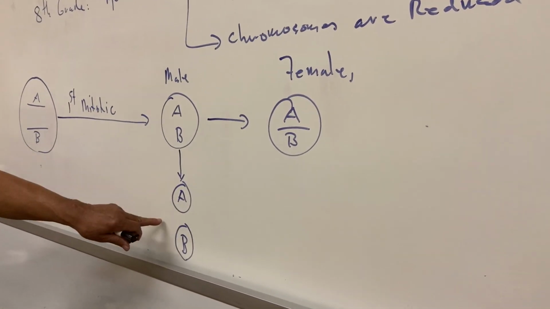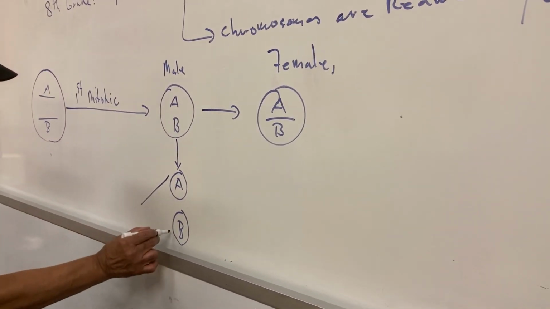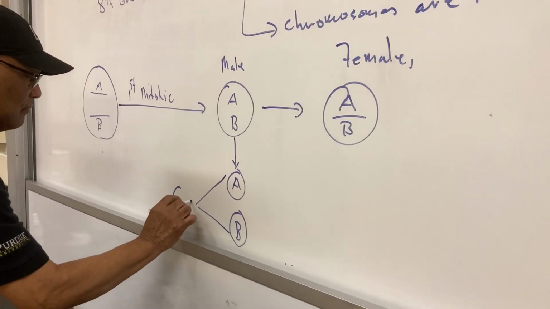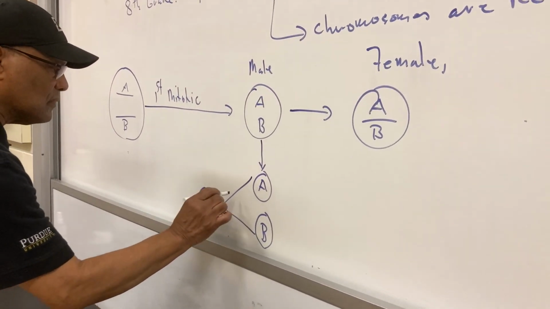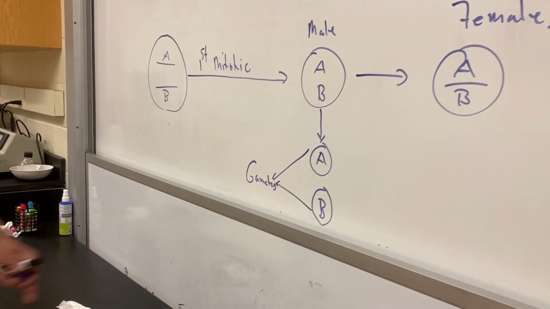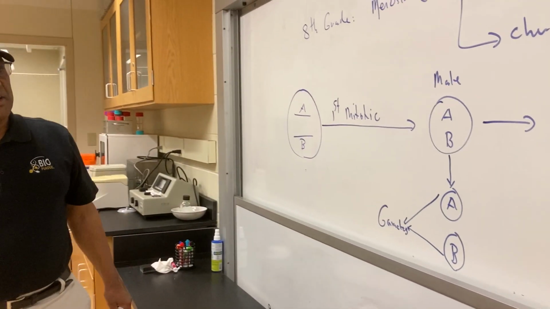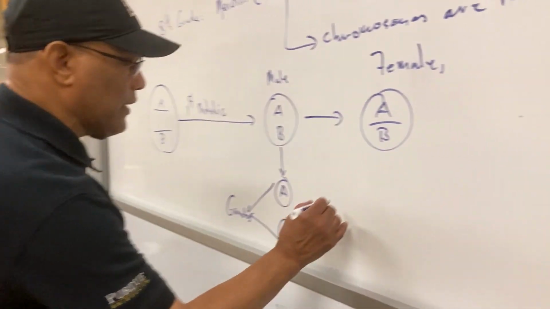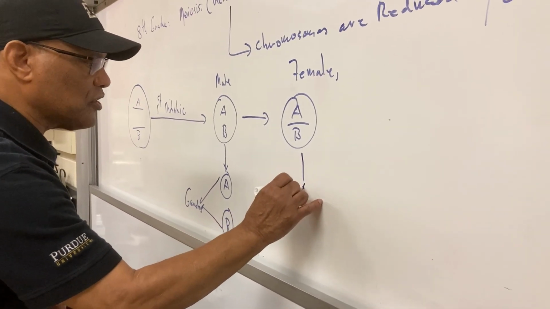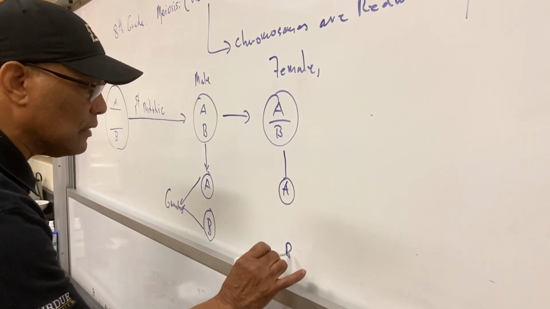A and B. And these are called gametes. I don't like the term, but that's the conventional term. The same thing is going to happen here. This will do the same thing, undergo reduction division, A and B.